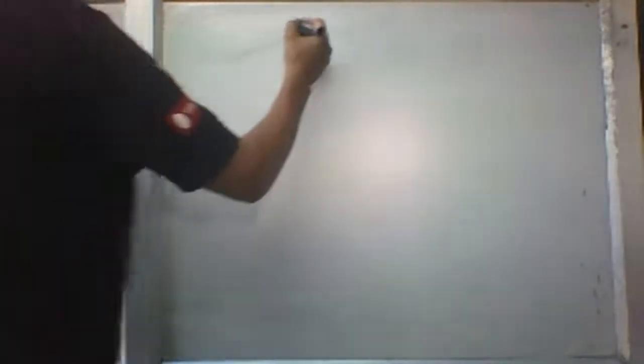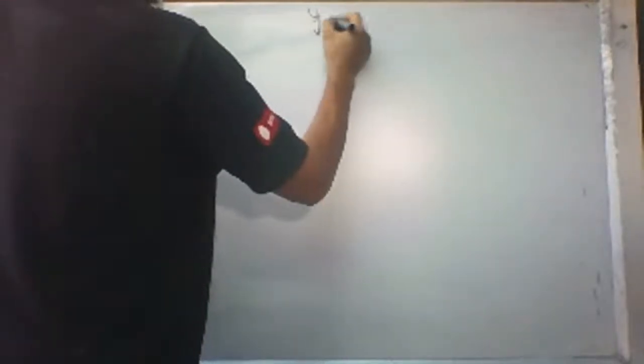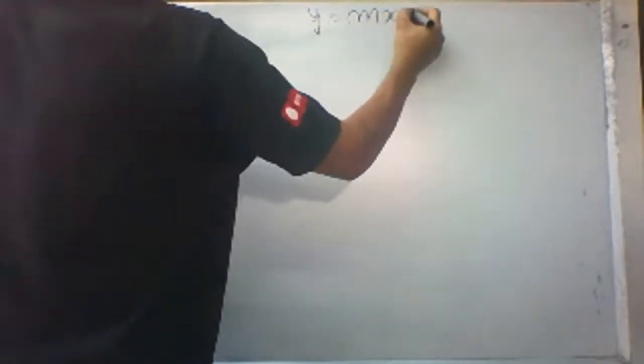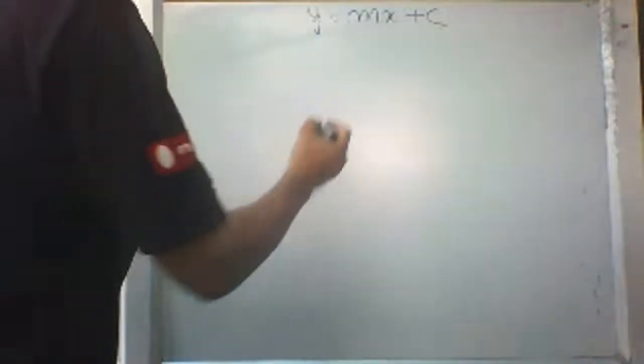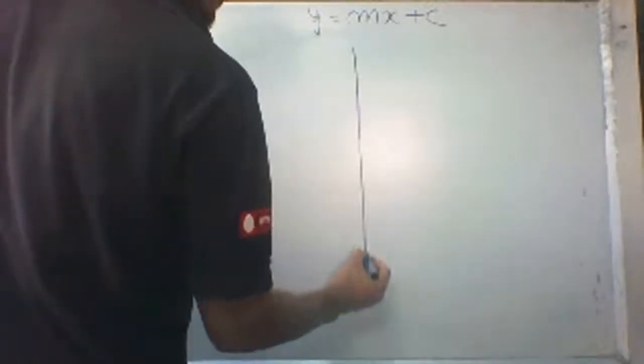If you do not forget this equation, the graph of y is equal to mx plus c, which passes through the point 0, c, you will get an important part. That equation is y is equal to mx plus c.